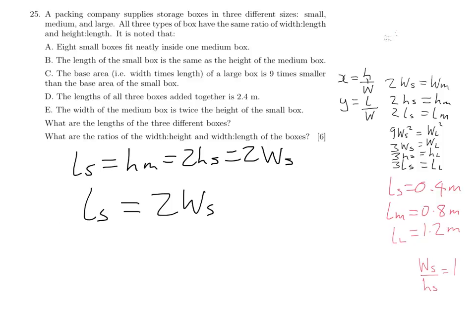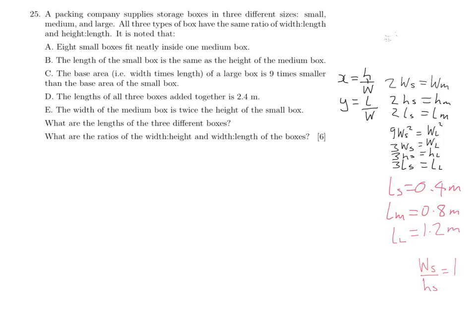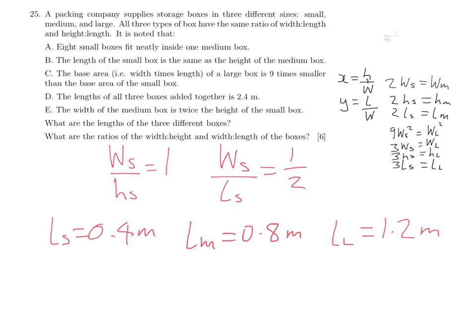So put those equal to each other, and we find that the ratio of the width of the small box to the length of the small box, which is what we were looking for, is a half. So just to summarise these points, we've got the width to height ratio here, the width to length ratio here, and the lengths of all the individual boxes.